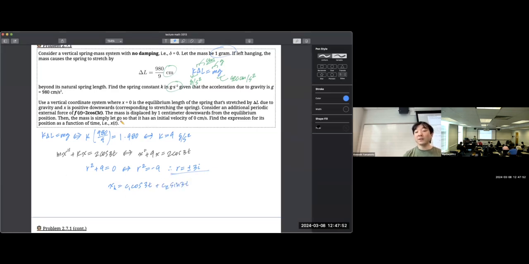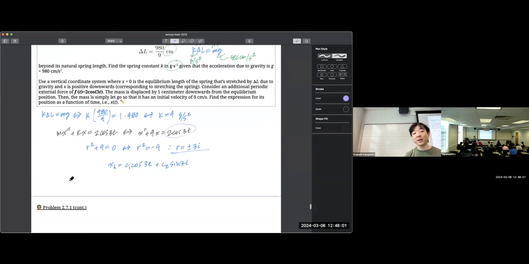And the particular solution is going to come from the right-hand side. So our right-hand side looks like this, and from that, our particular solution will be a cosine of 3t plus b sine of 3t, right? But there's an issue. This entire thing matches the homogeneous solution term by term.